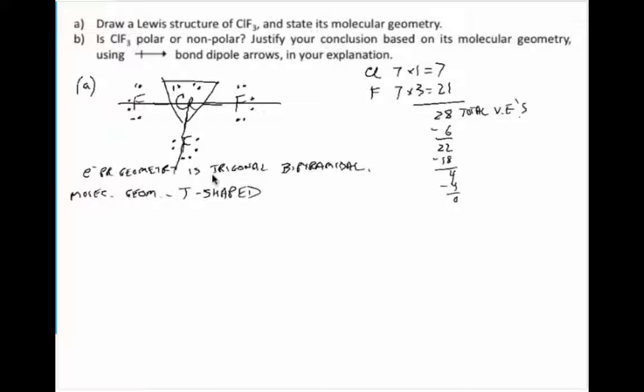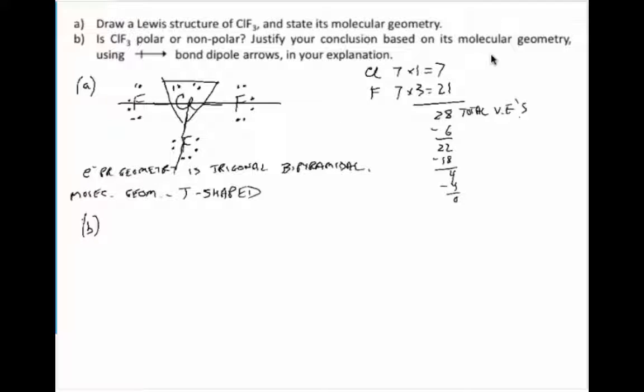So since it's T-shaped, now we've determined the geometry of the compound. As soon as you have a lopsided molecule like this, the determination of whether it's polar or non-polar, it can't possibly be symmetrical. So therefore, you already know that it is polar.